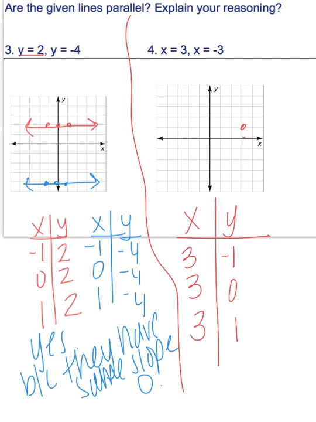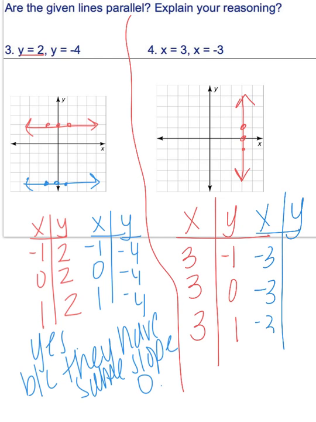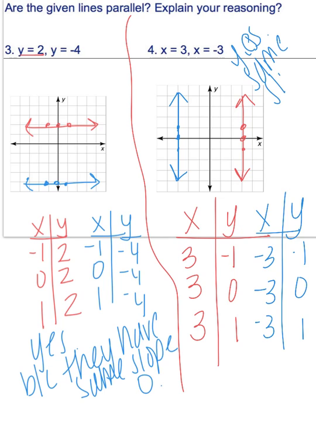I'm going to graph those 3, and I now have this vertical line. Then I'm going to do the same for x equals -3, and plug -1, 0, and 1 all the way down. Looking at these two, are they parallel? We can say yes. Again, they have the same slope. And this time, they both have a slope of undefined.